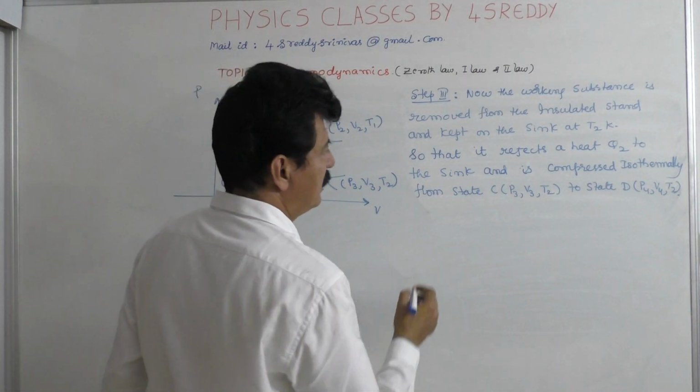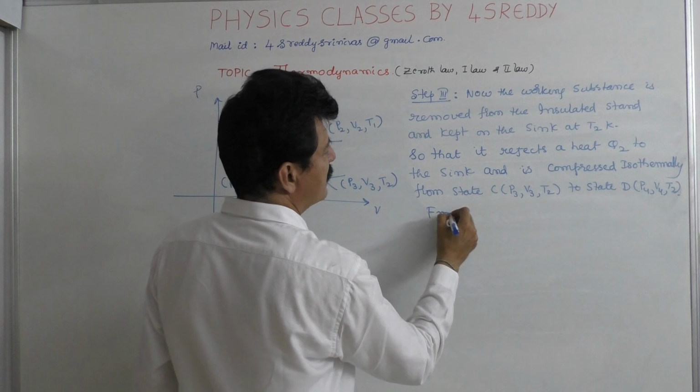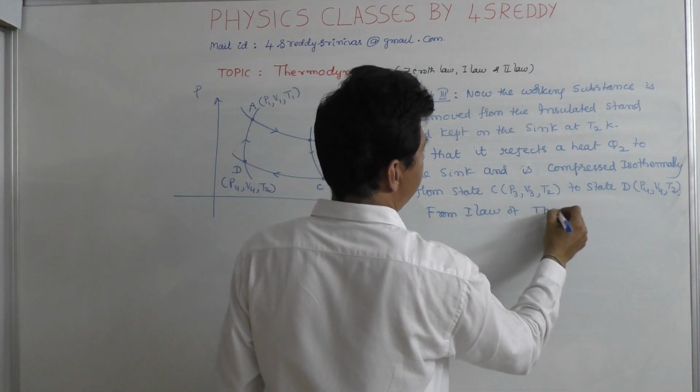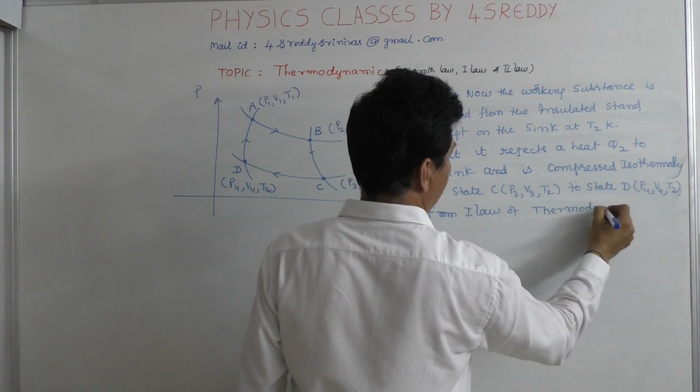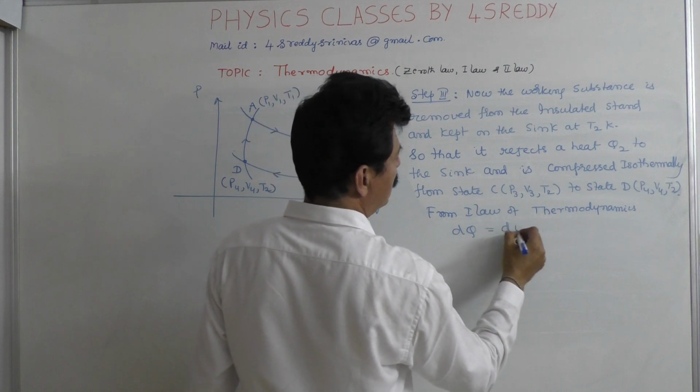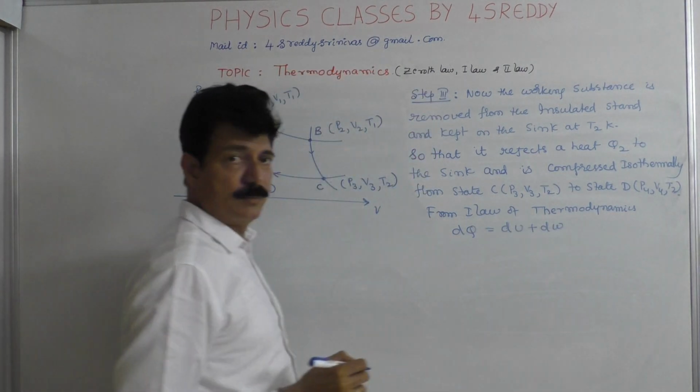Thereby, again from the first law of thermodynamics, dQ is equal to dU plus dW.